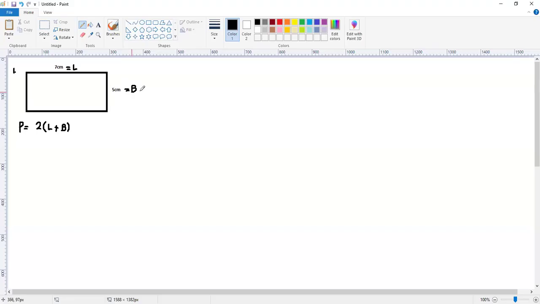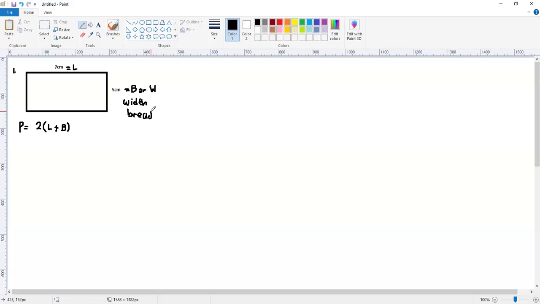Do you remember that the shorter side of a rectangle is called the width? Another name for it is breadth. Yes, that's exactly what I just said. Okay. So can you now apply the formula?